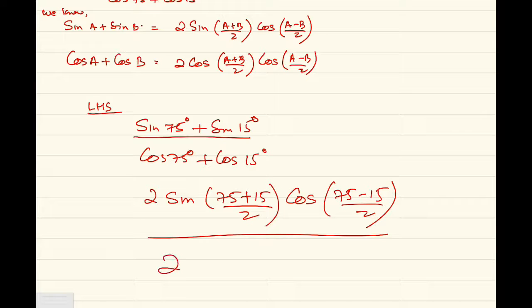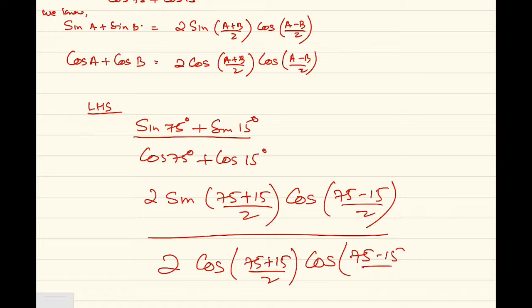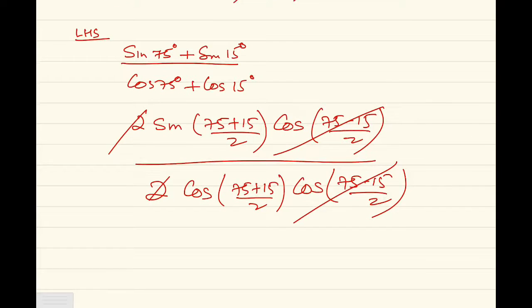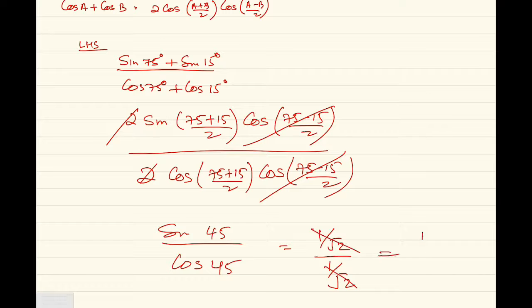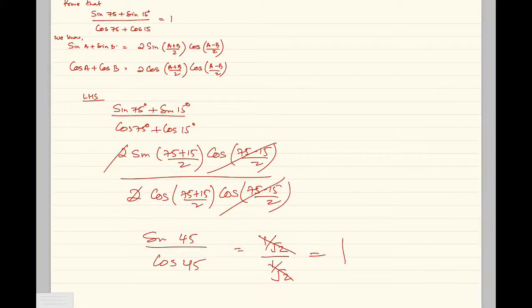Below I have 2 cos 75 plus 15 by 2 cos, one more, 75 minus 15 by 2. So I can cancel the 2 and the 2, and this gets cancelled because they are the like ones. Now I get sine 90 by 2, that's 45, and cos 45. Correct? That gives me 1 by root 2 over 1 by root 2, everyone knows the value, cancel, and the answer is 1, which equals the RHS. Correct everyone? Check this out.